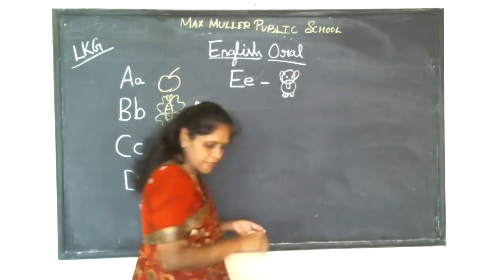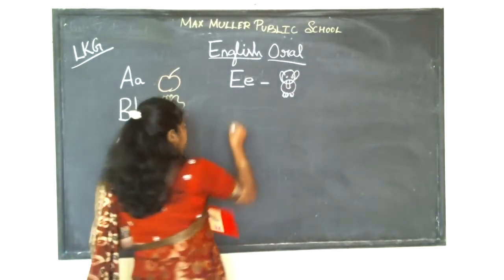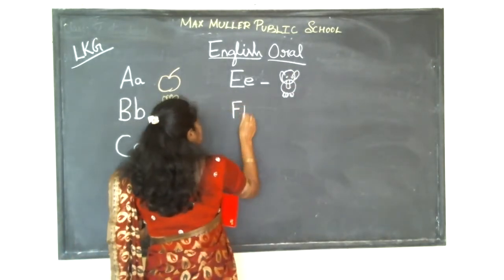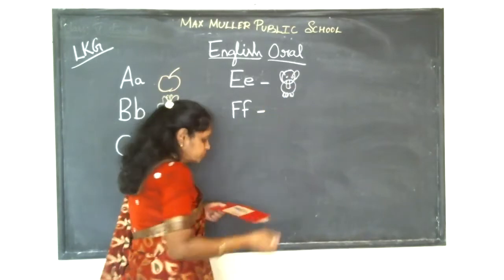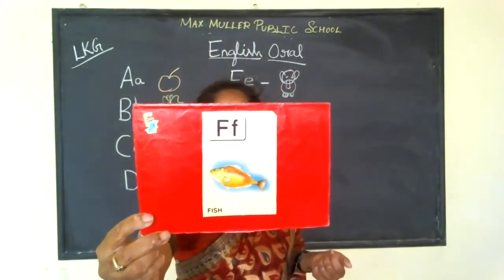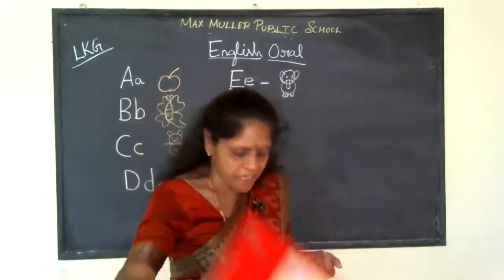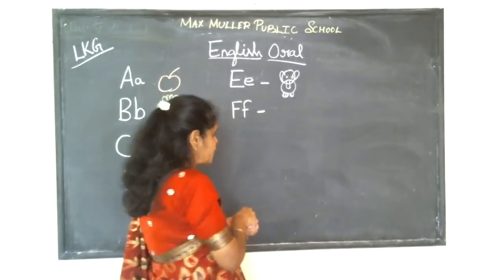E for elephant. Next, capital F, small f. F for, which picture is this? Fish. Which picture is this? Fish. F for fish.